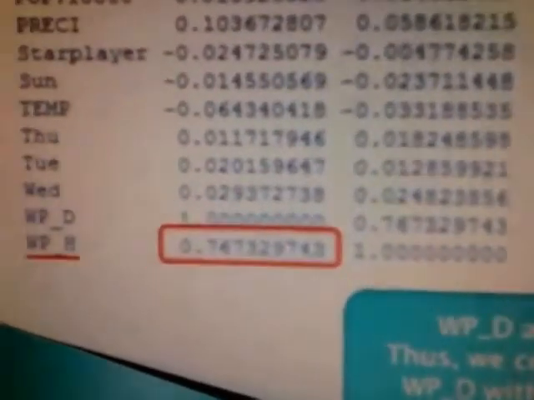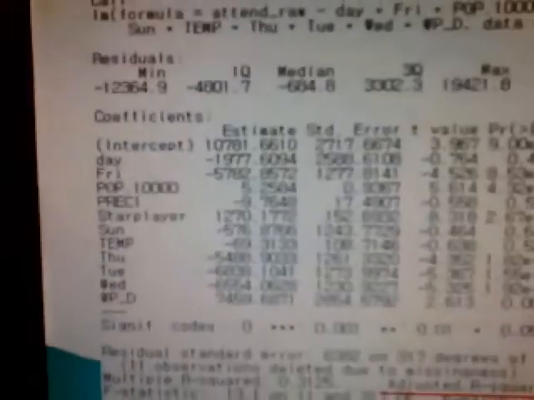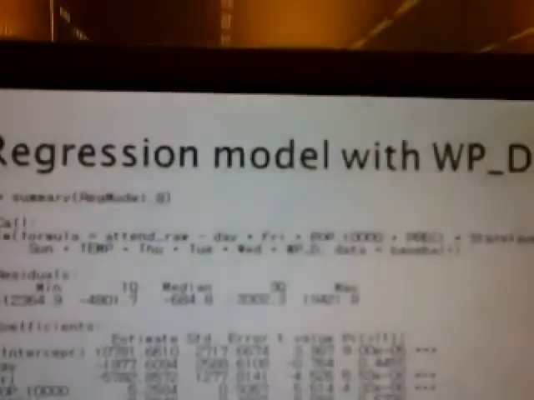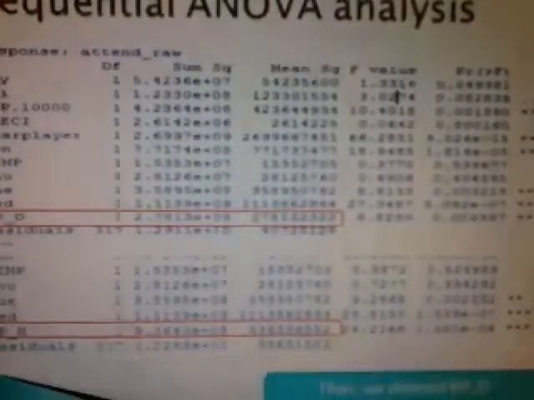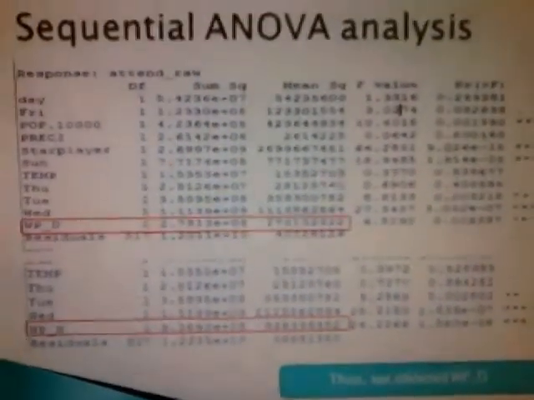So to remove one of them, we did regression on the model with WPD, and the other one is the model with WPH. By doing the ANOVA analysis and by looking at the adjusted R-square of those models, we decided to delete WPD.